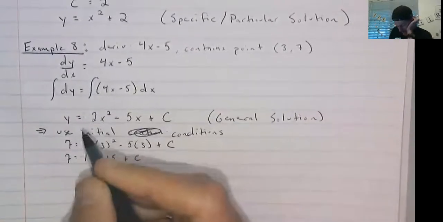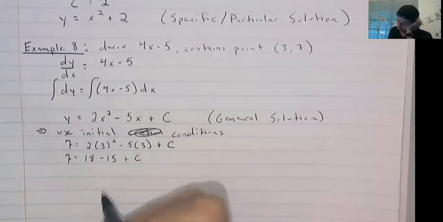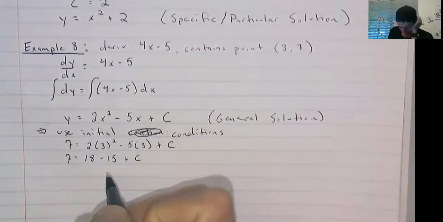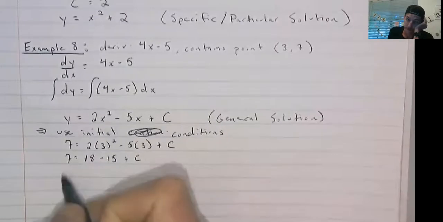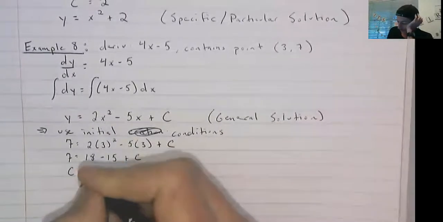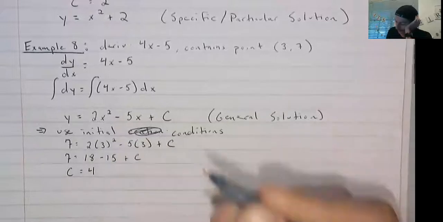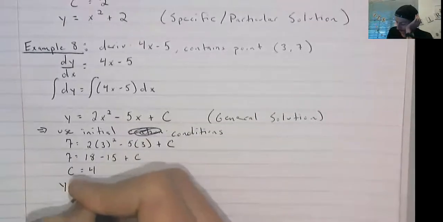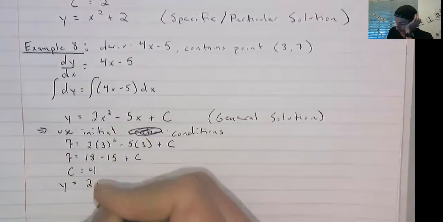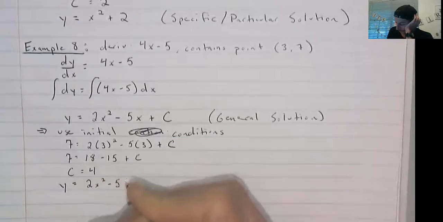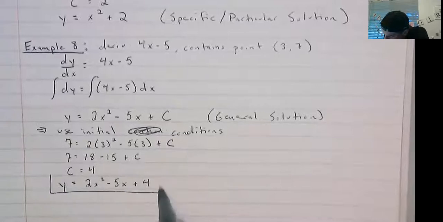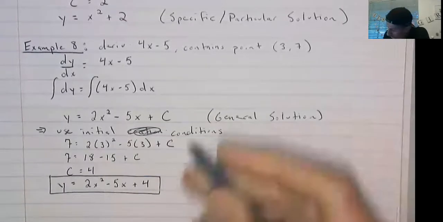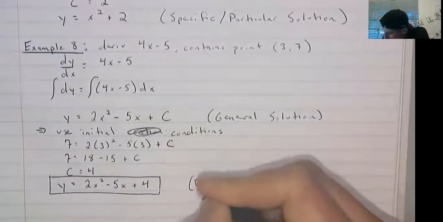So c is equal to, not 10, 3, 4. Somebody help me. 18 minus 15 is 3, subtracting 3, yeah. c is equal to 4. Holy moly. So our particular solution is that y is equal to 2x squared minus 5x plus 4. Particular solution.